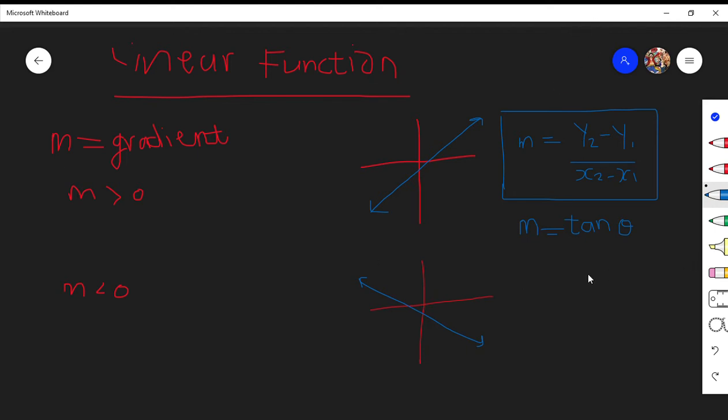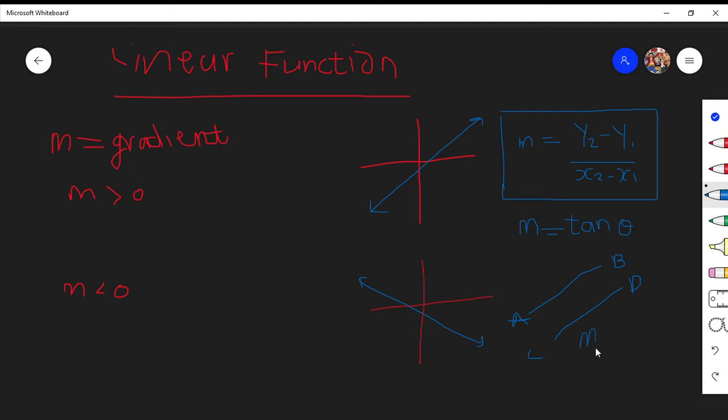Okay, so back to the session now. So regarding gradient, we also know that parallel lines have equal gradients. So for example, if line AB is parallel to line CD, their gradient would be equal.